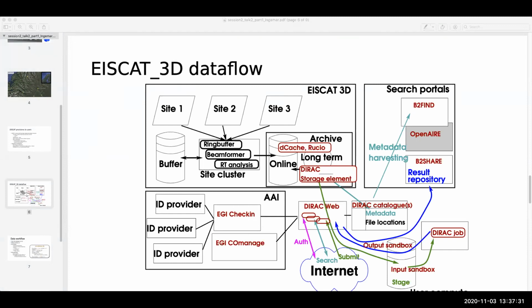We have been looking at EGI Check-in for authentication and authorization, and also B2Find and B2Share. B2Find is the search, and B2Share is a way to put results from the processing. So next slide.